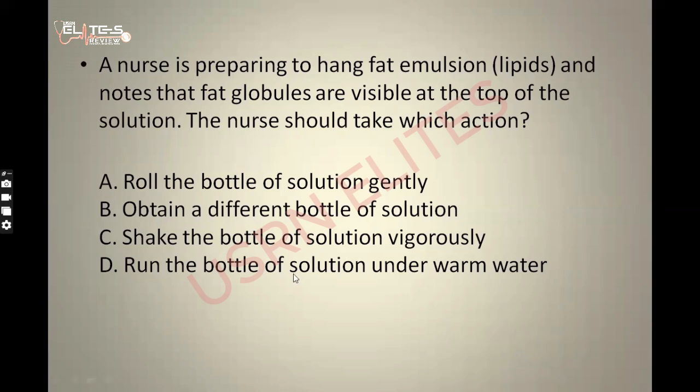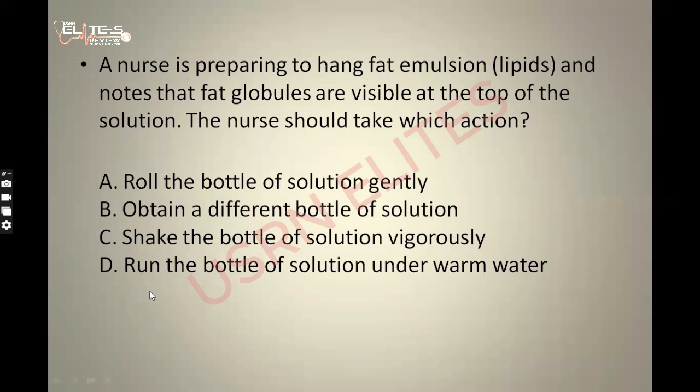Who wants to try? The nurse should take what action? Laku.